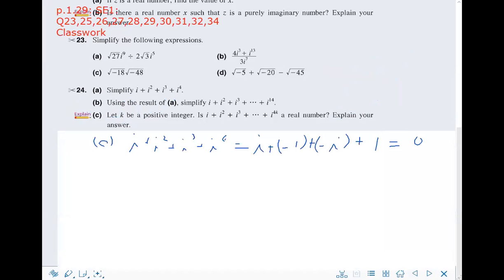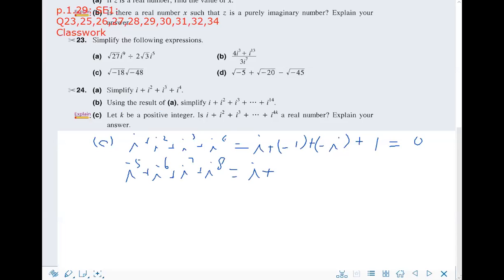Okay, and that is exactly equal to 0. Can you see this? Okay, so if you add the 4 terms in the pattern together, that will be completely equal to 0. And if you just count the second cycle, i^5 plus i^6 plus i^7 plus i^8, you will know that i^5 will be changed to i^1.